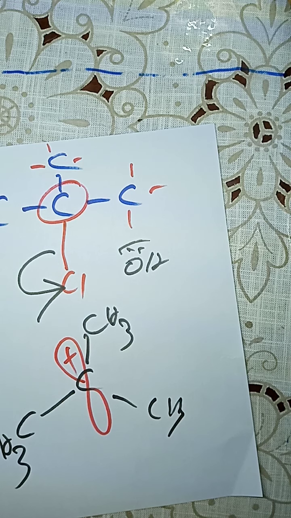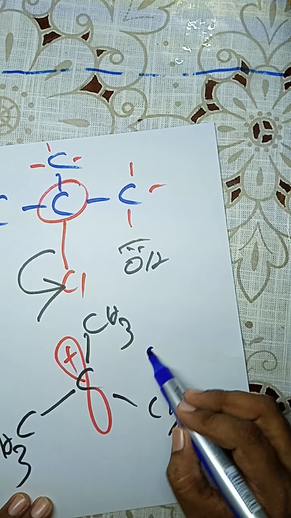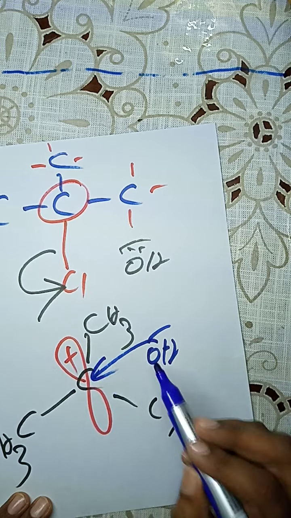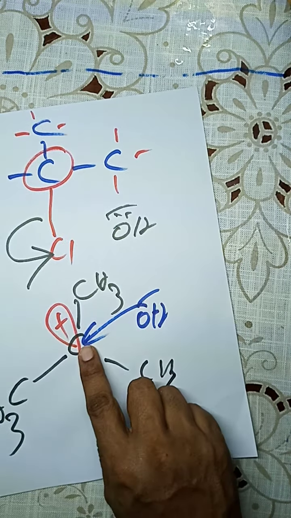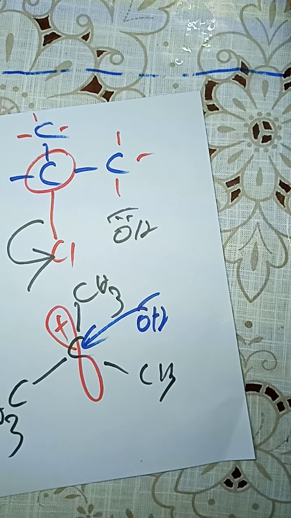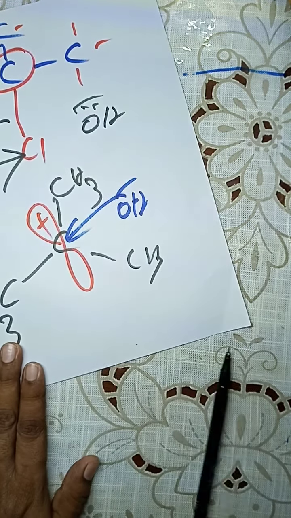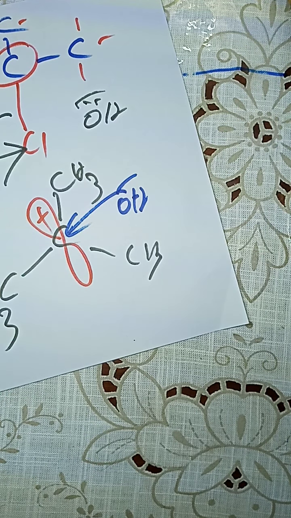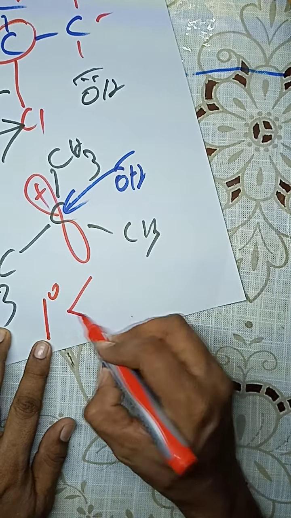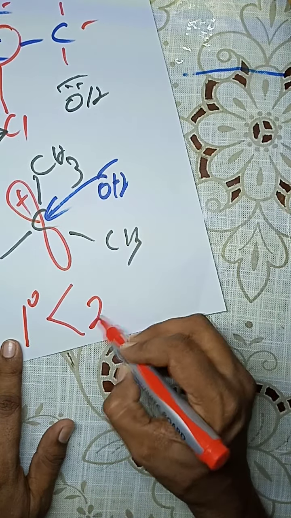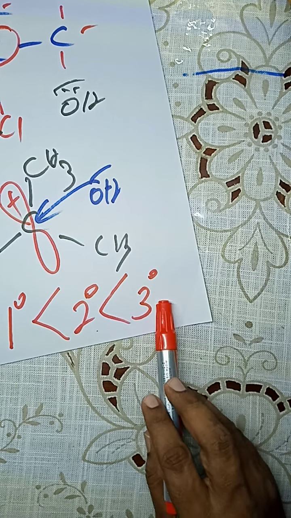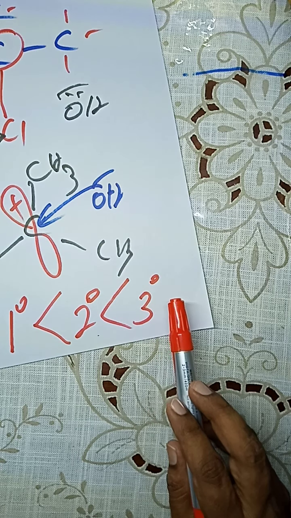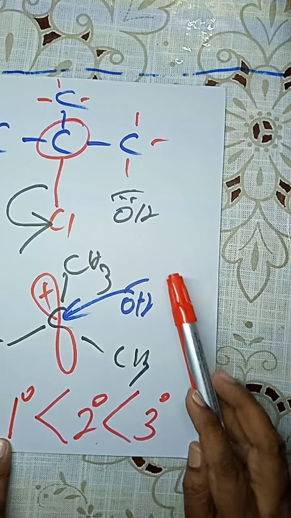Thereafter the OH minus should nucleophilically reach the carbocation. Since the tertiary carbocation is highly stable compared to primary and secondary carbocations, the primary carbocation is the least stable, then secondary, then tertiary. The tertiary one is the most stable here due to the inductive effect and hyperconjugation.